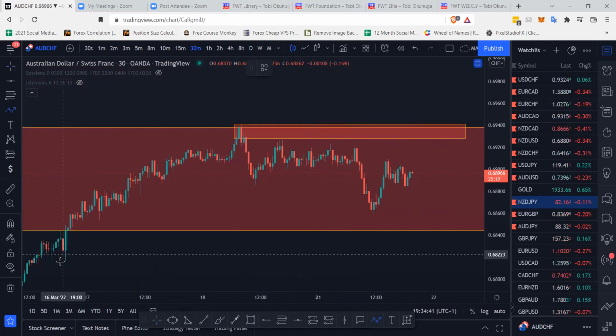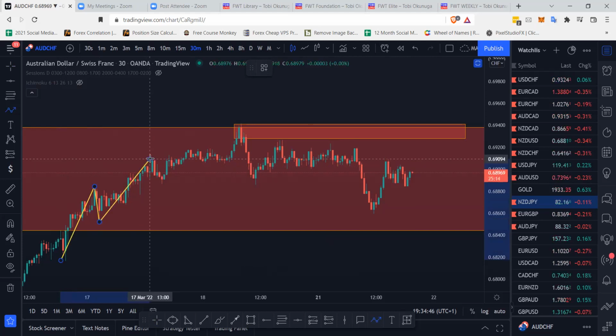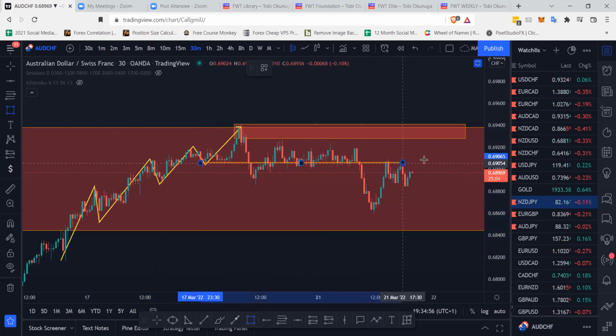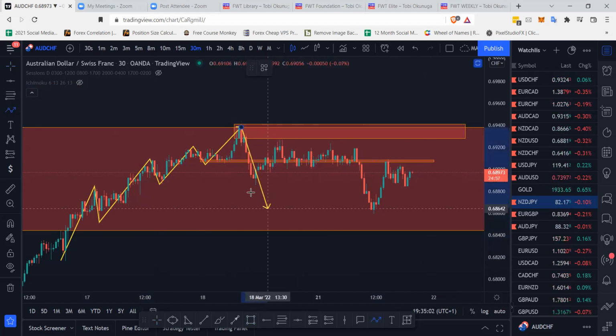Okay, so we see the move coming into the zone. So we want to find the breakout structure. Okay, so this right here is the structural area. And then we see that price already broke this structure.